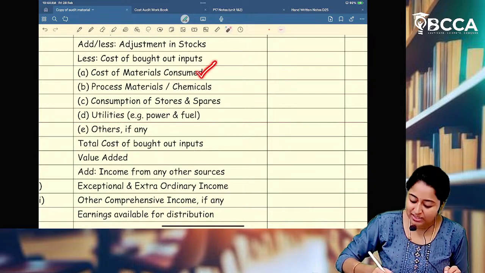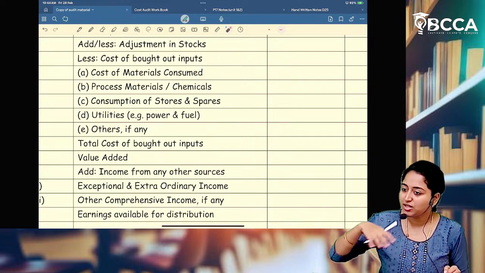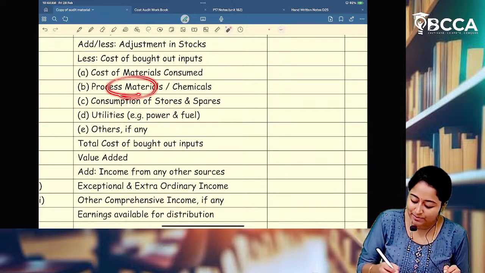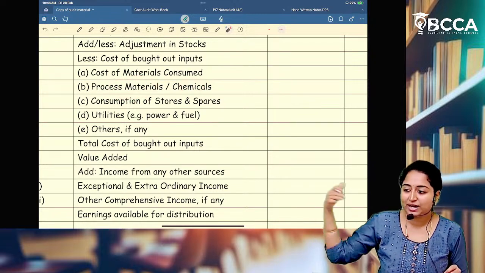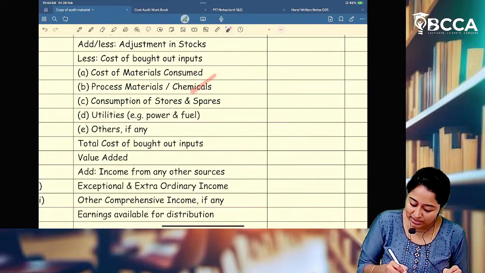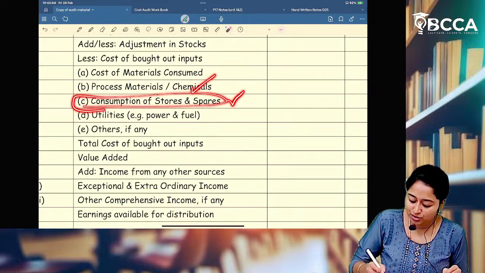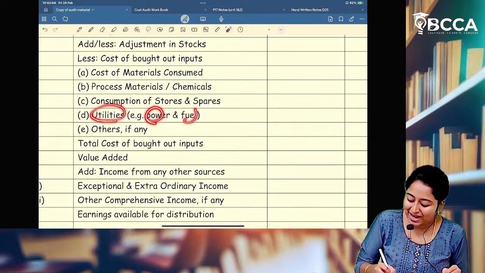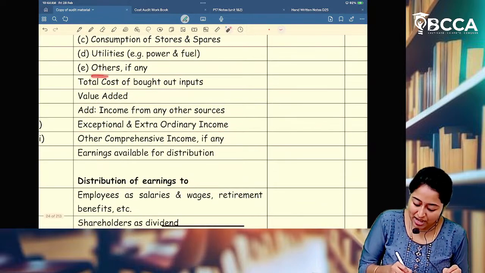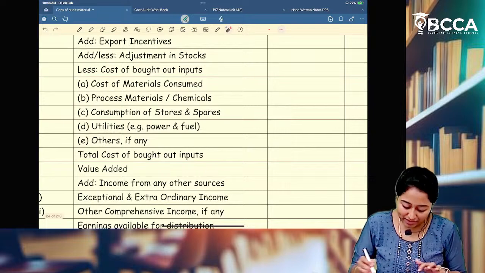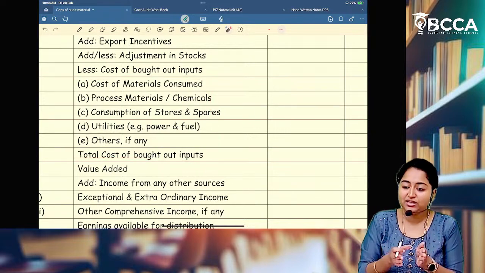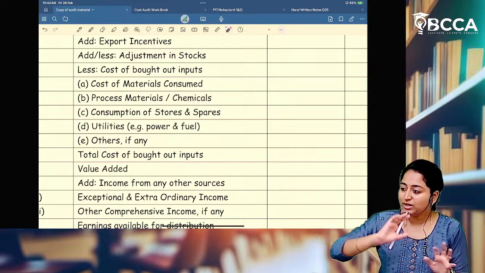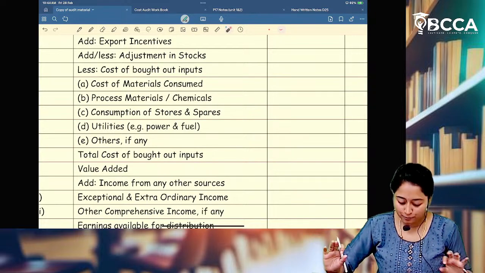So raw materials will be from the outside. You will take that out. Process materials or chemicals, you will process the materials or the chemicals by the outside only. Then you will eliminate that. Consumption of stores and spares, you will eliminate. Utilities, power and fuel, you will eliminate that. Others, if any. So whatever the cost of bought out inputs are there from the outside, you are giving the cost to the outside. That will be eliminated from the sale value.